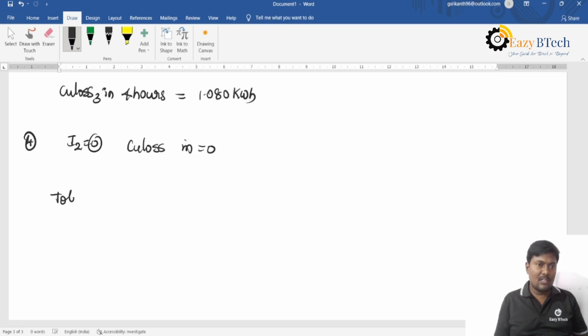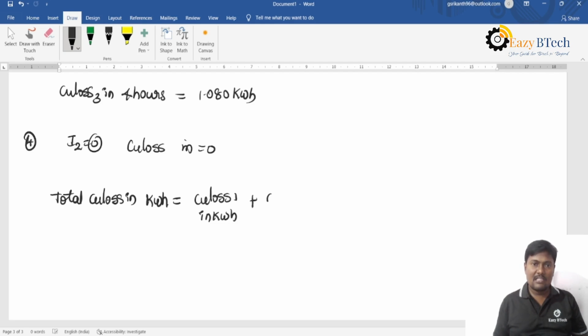Now the total copper loss in kilowatt hour should be equal to copper loss 1 plus copper loss 2 plus copper loss 3 in kilowatt hour.